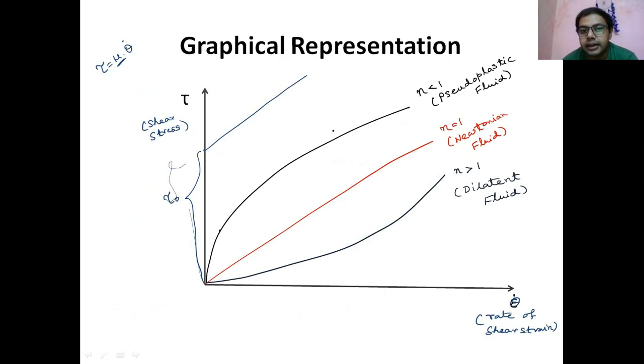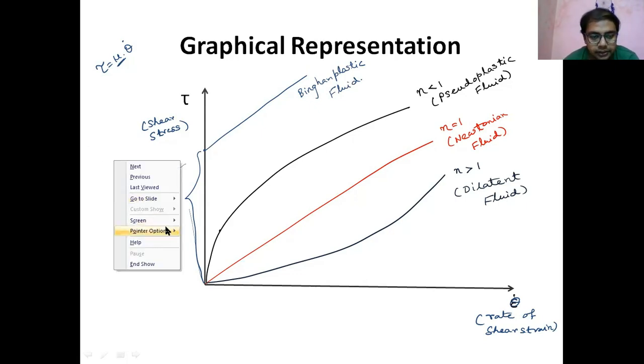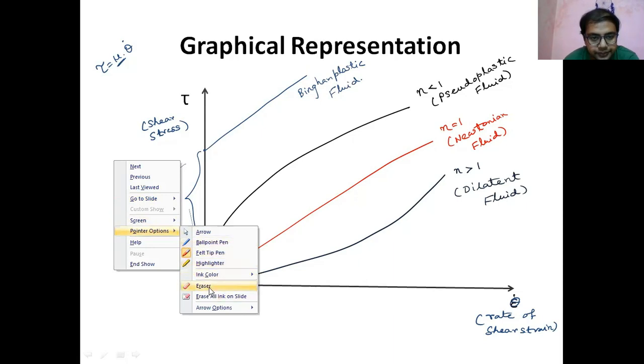Then it behaves like a Newtonian fluid. So this is a Bingham plastic fluid. An example is toothpaste gel. This kind of example comes under this fluid, Bingham plastic. Now we'll see one more important thing here.